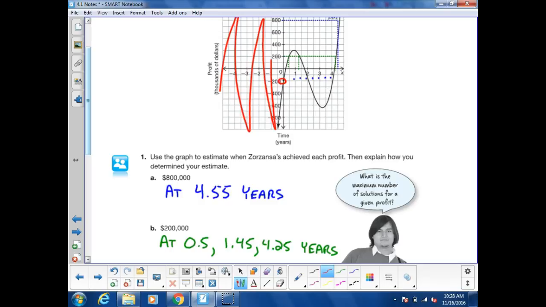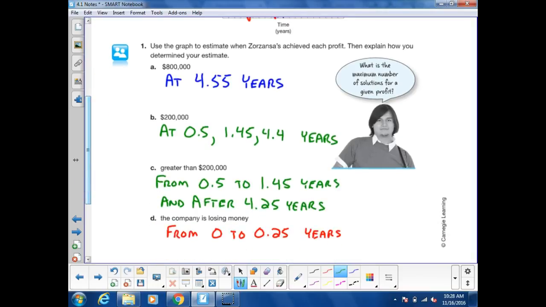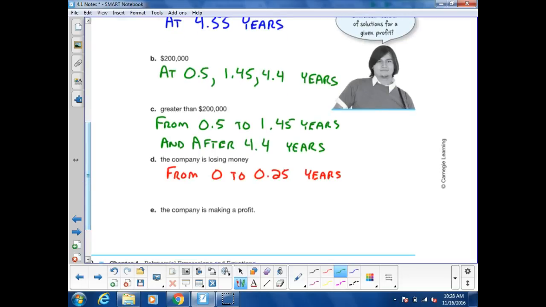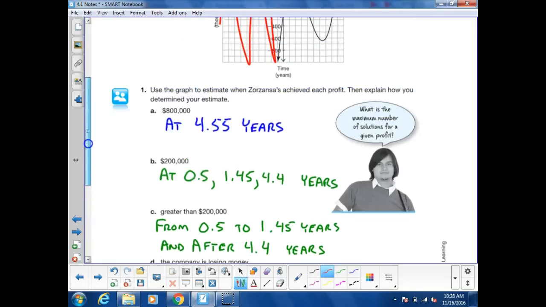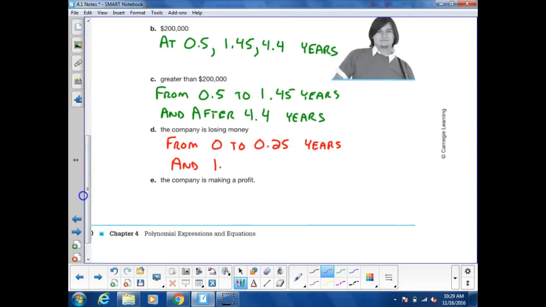Wait, this one should have been a little higher then. This one should have been 4.4 here. Let's adjust that one to 4.4. So then, here, from, what did I say? Losing money from 1.75 to 4.4.